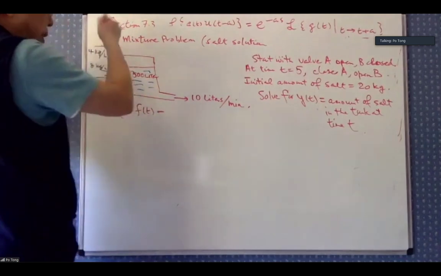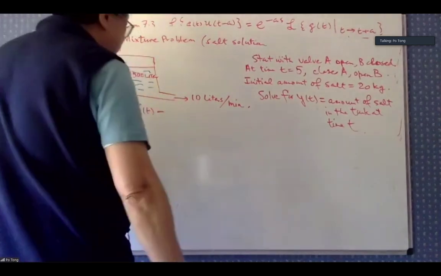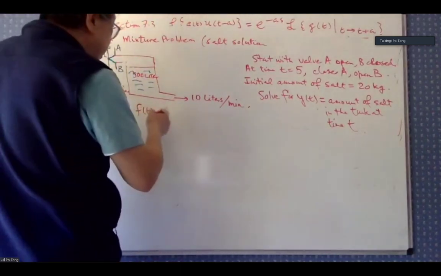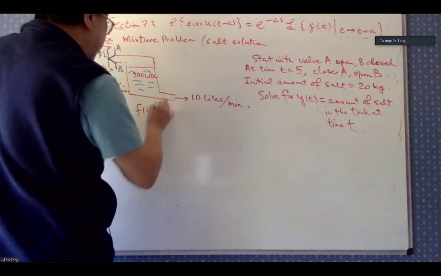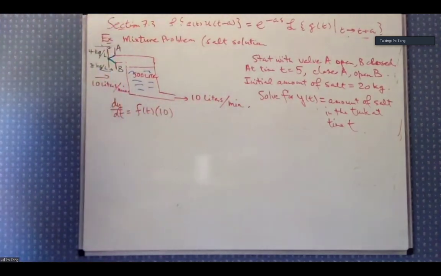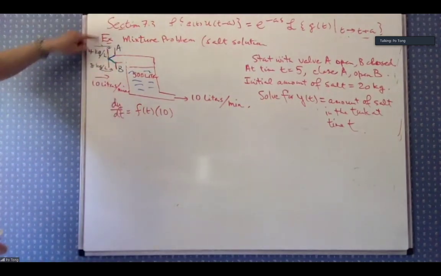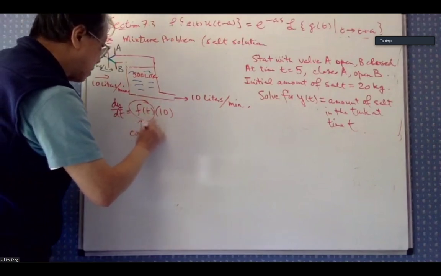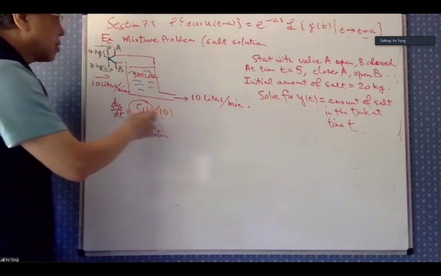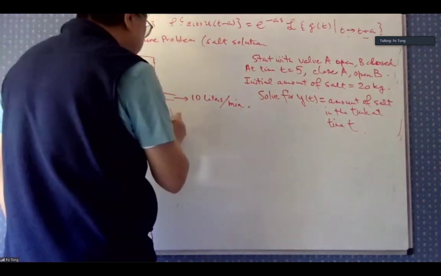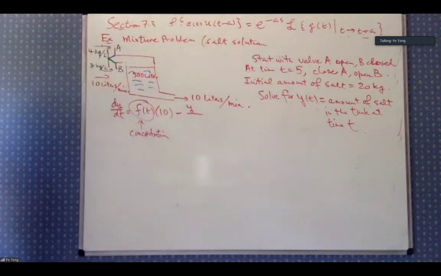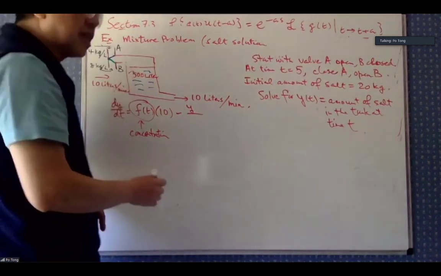This f(t) is going to be ugly because it's switching around. f(t) represents the concentration, times 10, concentration times the flow rate, minus the rate going out. The concentration going out will be y over what? What's the concentration going out?